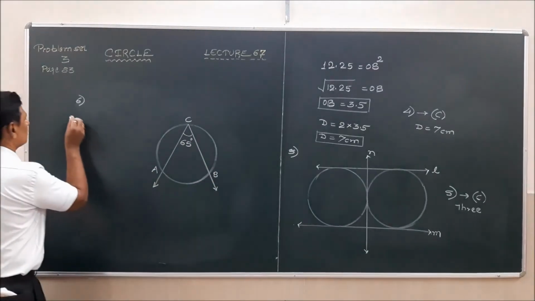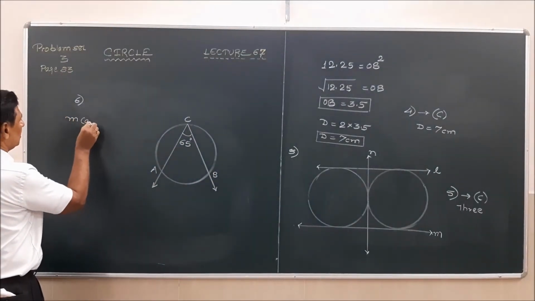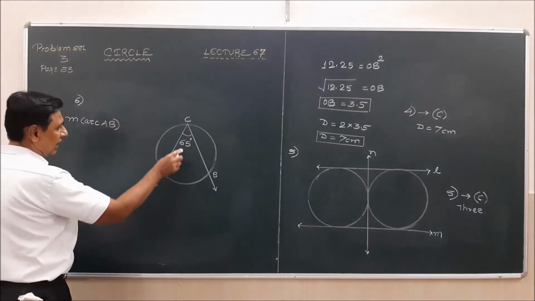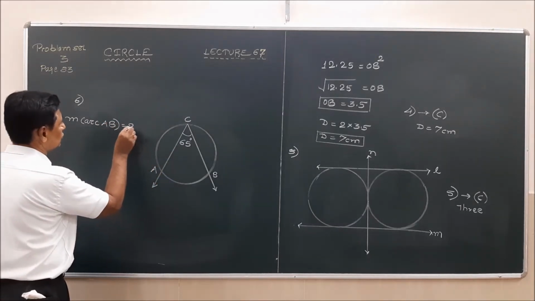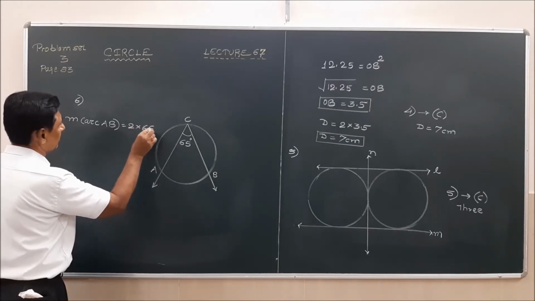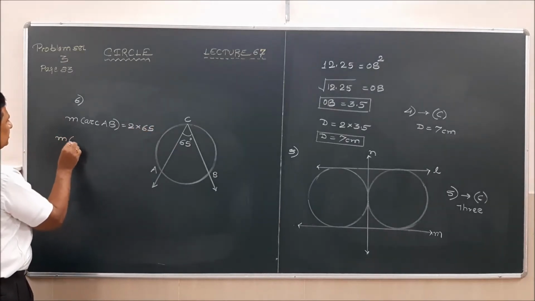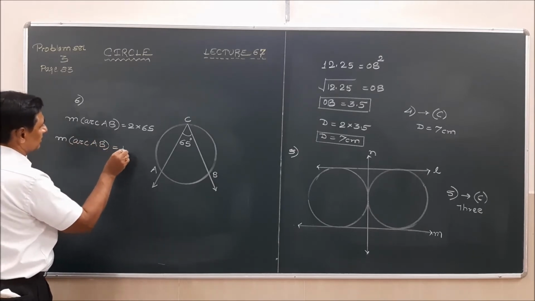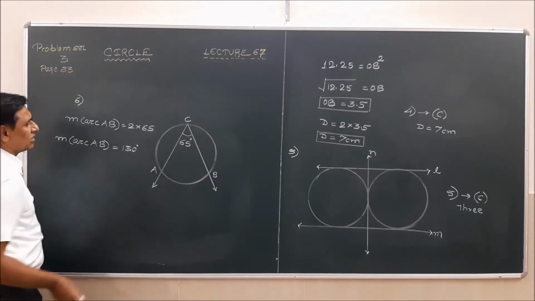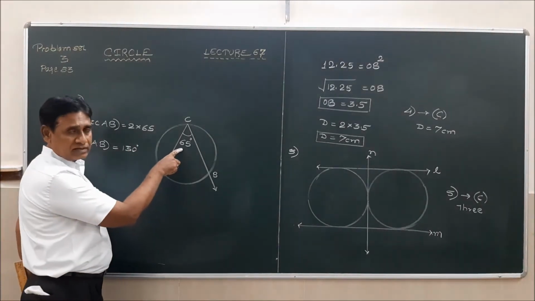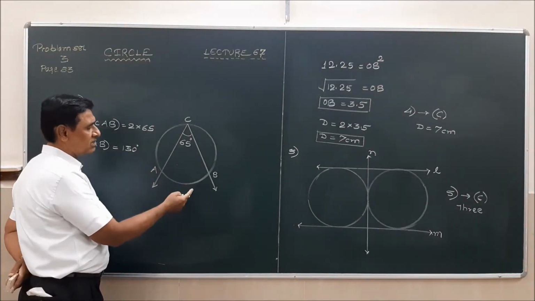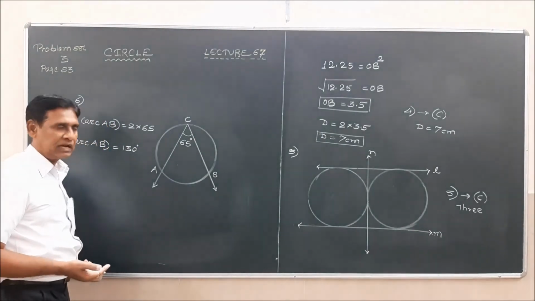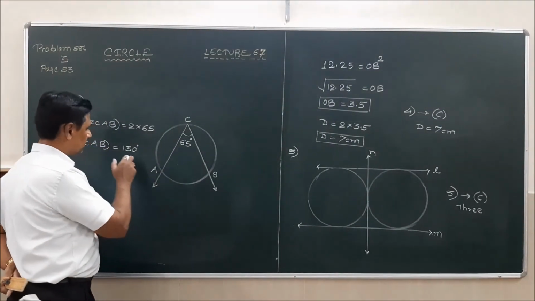Measure of arc AB is equal to twice the angle, so 2 into 65, which is 130. Please try to understand. The measure of an inscribed angle is half the intercepted arc, so the intercepted arc is twice the angle. 65 twos are 130.